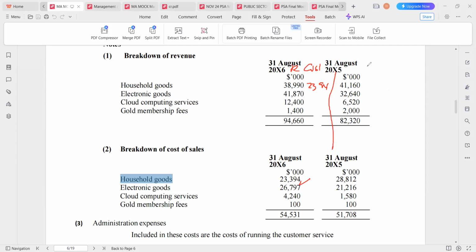Then the next line, you come and write the gross profit, then as a percentage. When you're done, you do the same thing for the previous year. You pick its revenue, match it with its cost. So product by product, match its revenue against its cost, so you can get an individual gross profit.